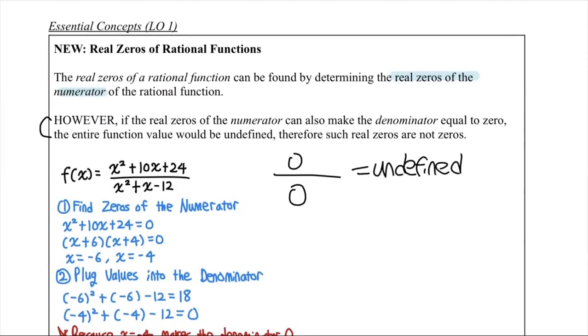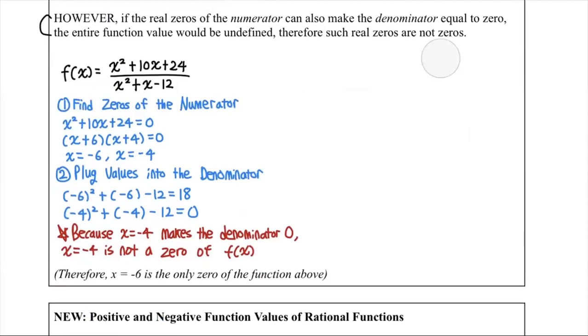The reason is that you can't divide anything by 0. So whenever you find a real zero of the numerator, plug that into the denominator and confirm whether the denominator equals 0 or not. If it does not equal 0, that's a real zero. If it does equal 0, that function value would be undefined, so that is not a real zero of the rational function.